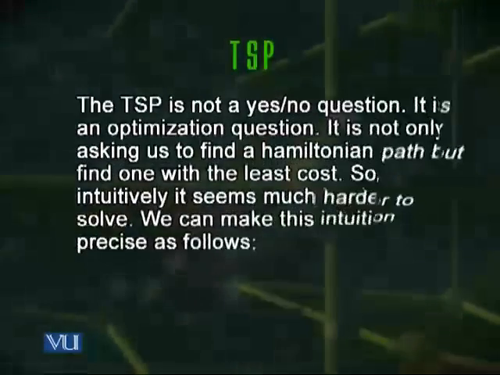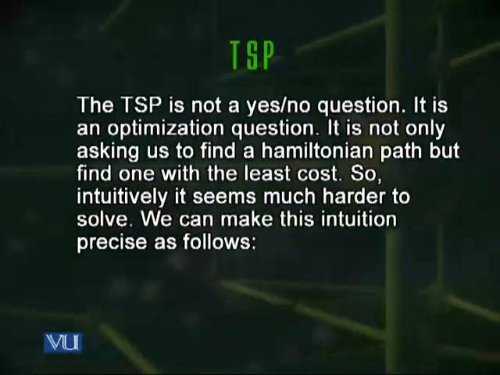Nevertheless, we can prove the following theorem for this traveling salesman problem. The TSP is not a yes-no question, it's an optimization question. It not only asks us to find if a Hamiltonian cycle exists, but find one with the least cost. So intuitively, this problem seems to be harder than the Hamiltonian cycle problem.